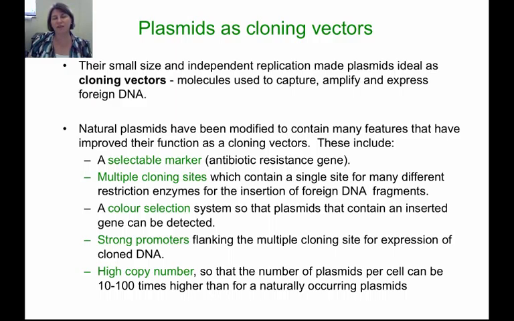And so cloning vectors have all sorts of different features depending on what it is that you're requiring them for. But some of the commonly important ones are they'll have a selectable marker, which is an antibiotic resistance gene, so that if you take bacteria without that plasmid and plate them on plates which include ampicillin, for instance, those bacteria will not be able to grow and you'll get no bacterial colonies.